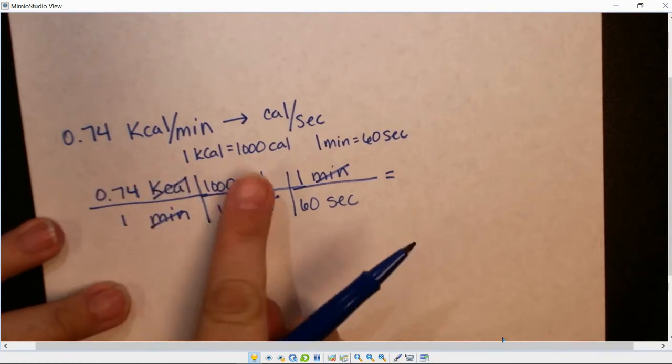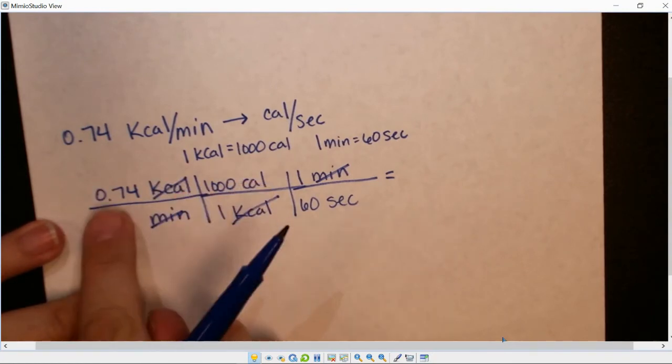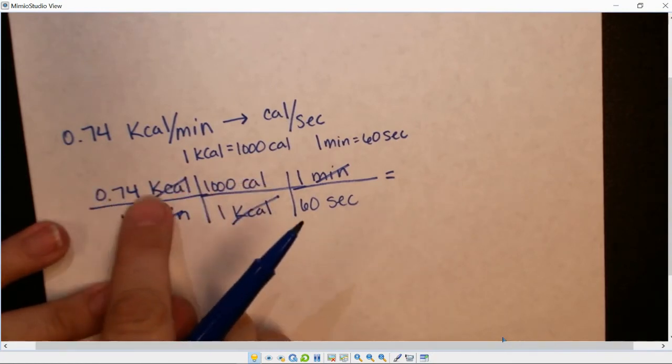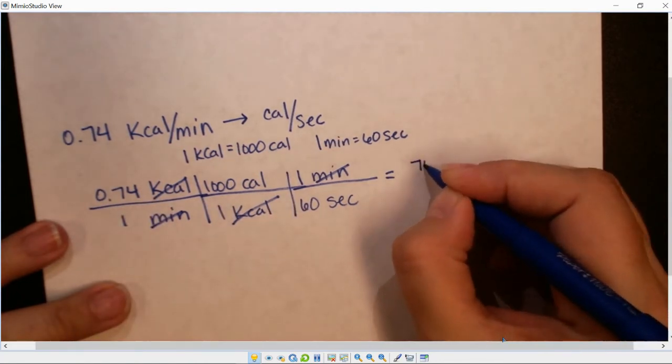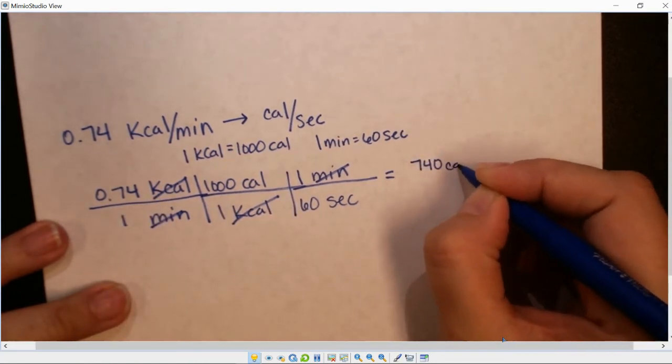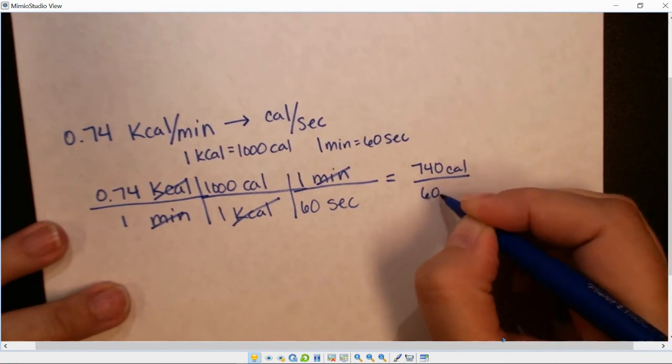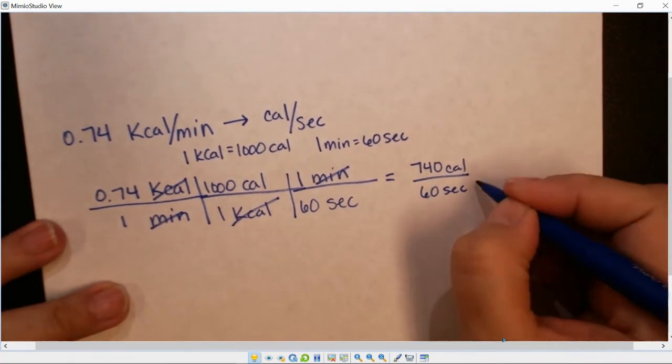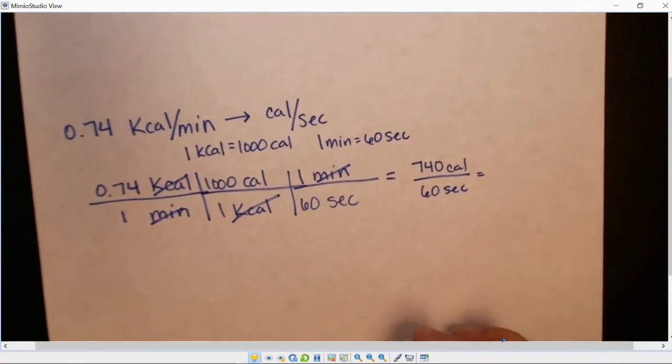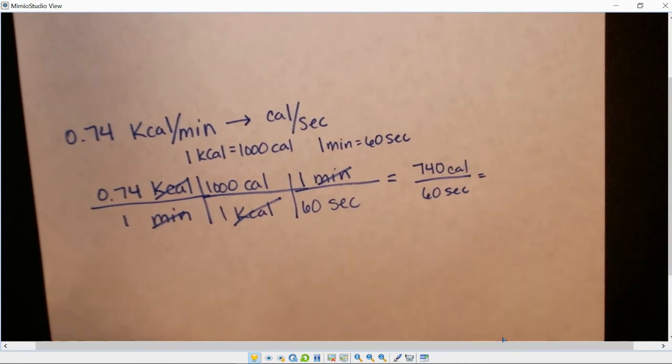So 0.74 times 1,000. We move that decimal 3 places, 1, 2, 3. So 740 calories over 60 seconds. And then simplify that with a calculator. We had to make an approximation. Would this number be bigger than or less than 10?